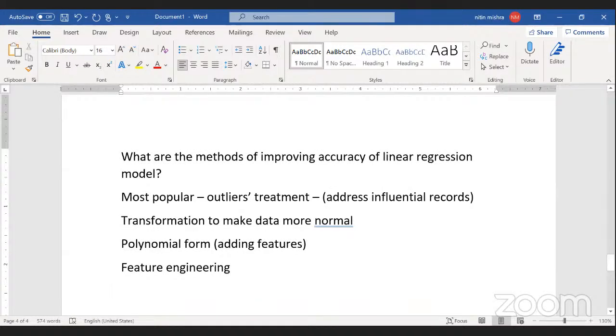These are the methods by which we can improve the model. All right. Absolutely right.